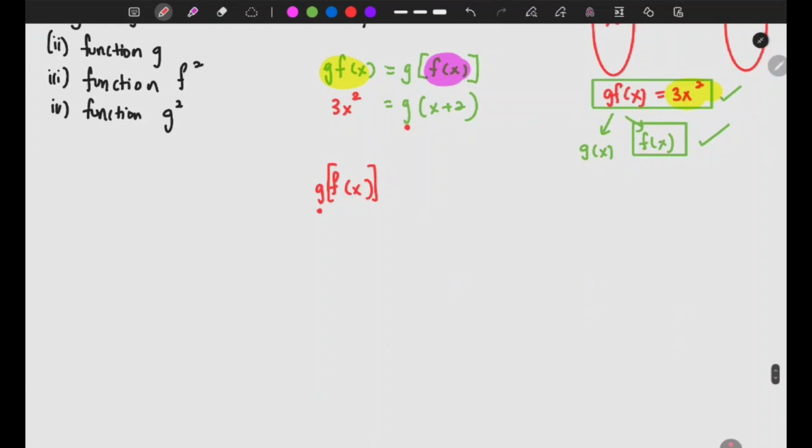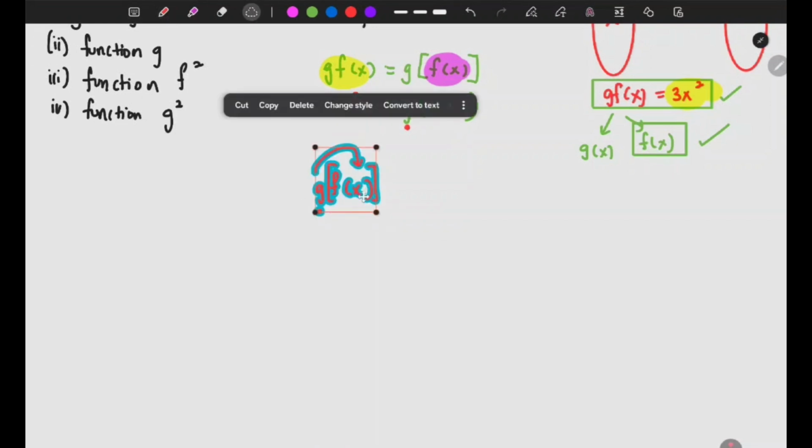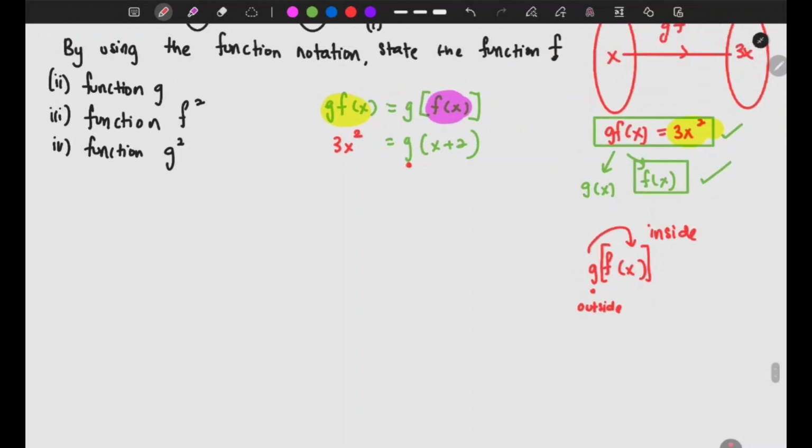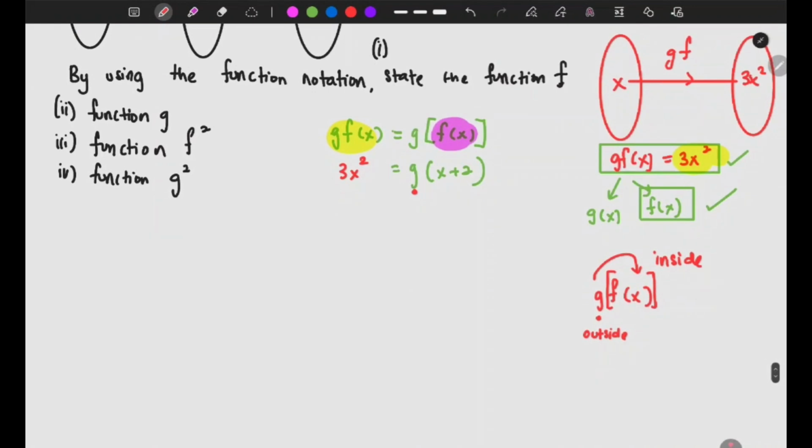So I put this aside for your reference. Maybe I write here, this is outside, this is inside. And now I say function outside let Y, right here. Phase 4, function outside let Y. So you let Y to who?